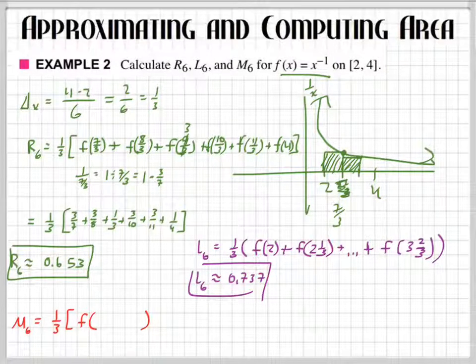So to find the midpoint, you would take the first number, which is 2, or your a, and then you would add half the delta x. You wouldn't add the whole delta x, half the delta x. So our delta x is 1/3. Half of that would be 1/6. So it's going to be 2 plus 1/6. That is 2 1/6.